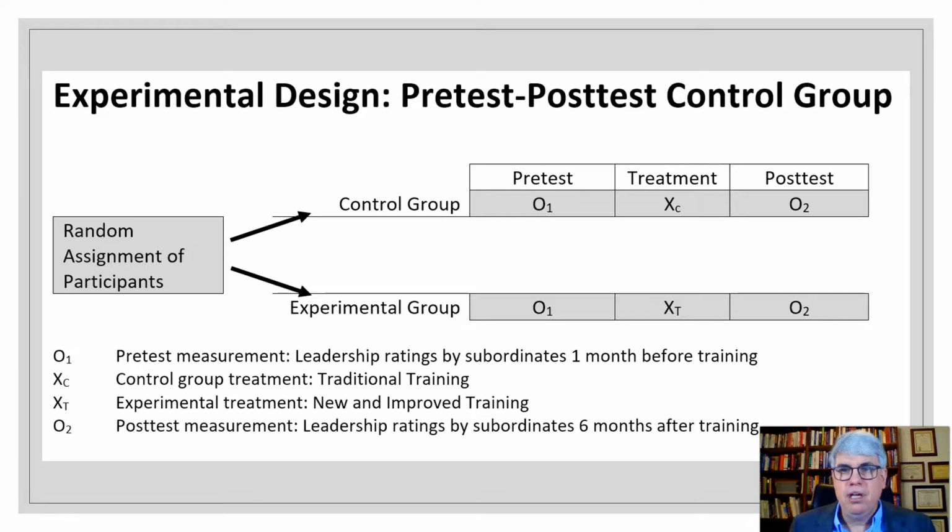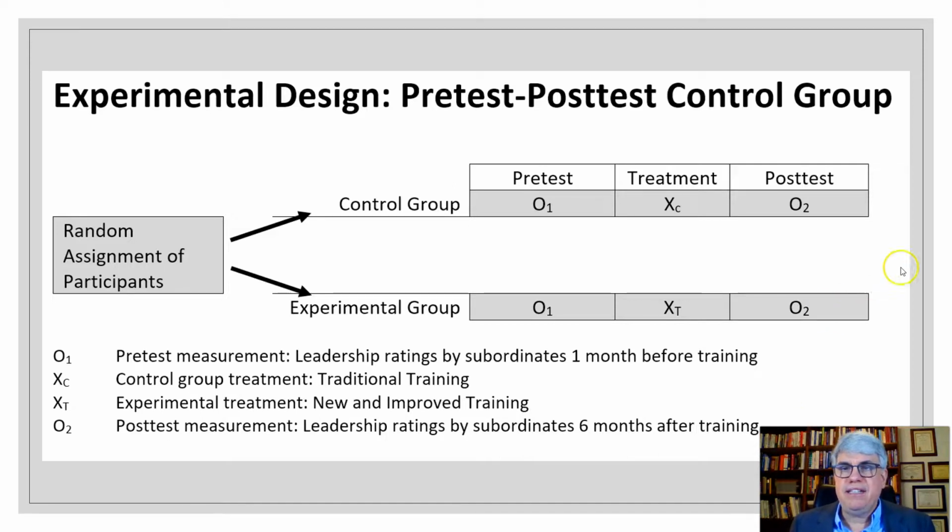Then we give the control treatment, which is the traditional training, and the experimental treatment, the new and improved training. And then we make a second observation of the outcomes. So leadership rating by subordinates, maybe 6 months after, to see if they made some real changes.